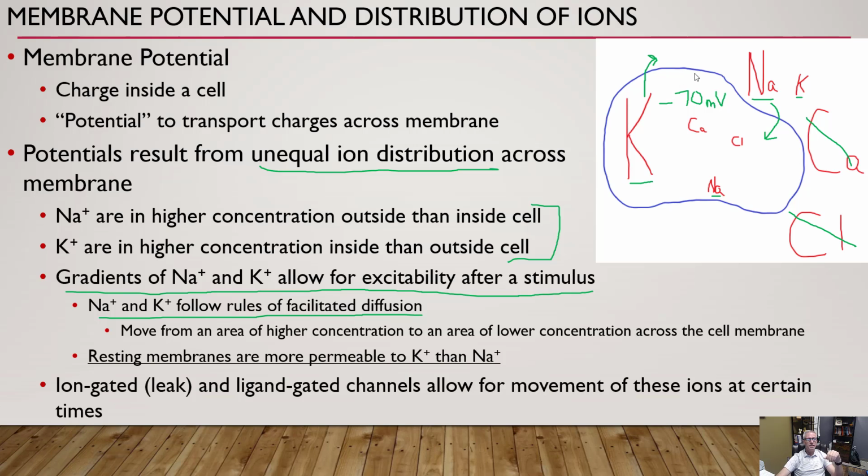Remember that the cell membrane is lipid soluble, so ions can't freely cross without some help, and that's why we have that facilitated diffusion. And I'll come back to this statement that says resting membranes are more permeable to potassium than sodium. It says that we have these ion-gated leak channels, and these ligand-gated channels allow for movements of these ions at certain times.